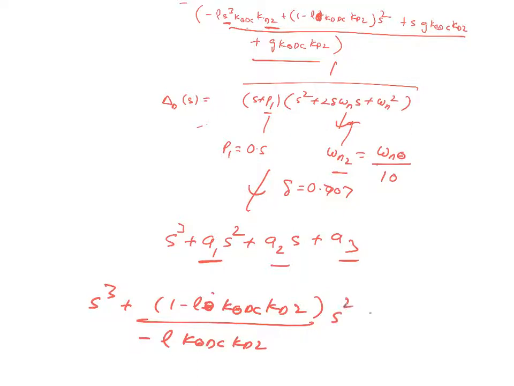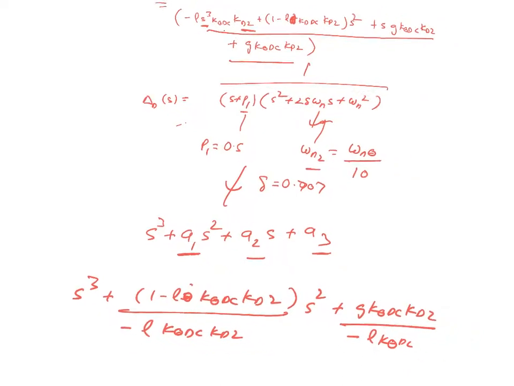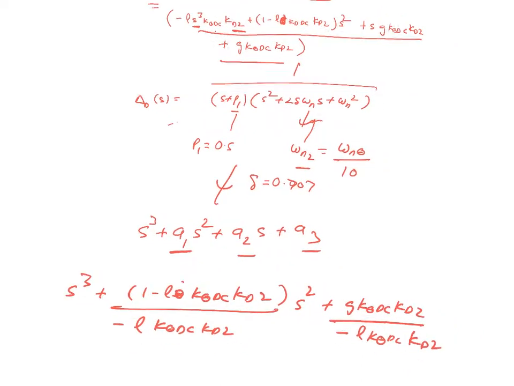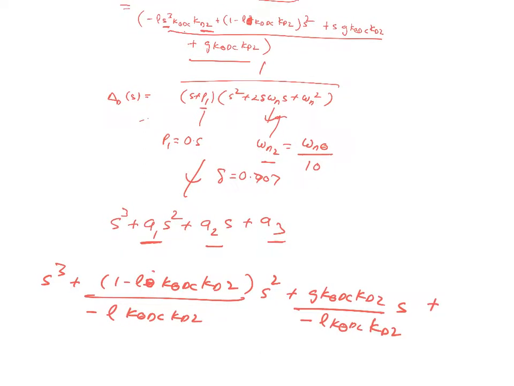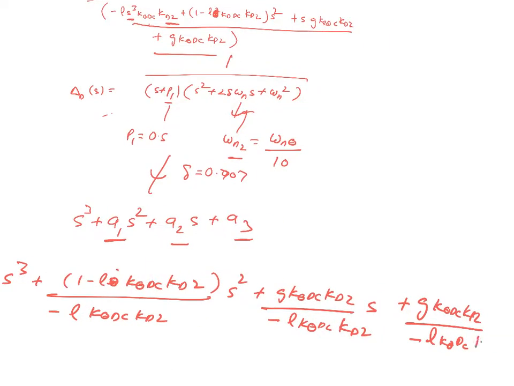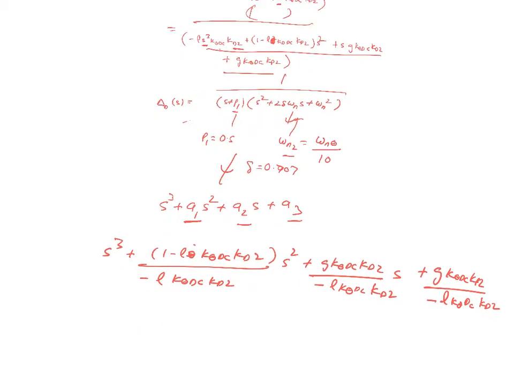Similarly, we have G K theta dc K dz divided by minus L K theta dc K dz into S, and then G K theta dc K pz divided by minus L K theta dc K dz. So now we have coefficients, right?